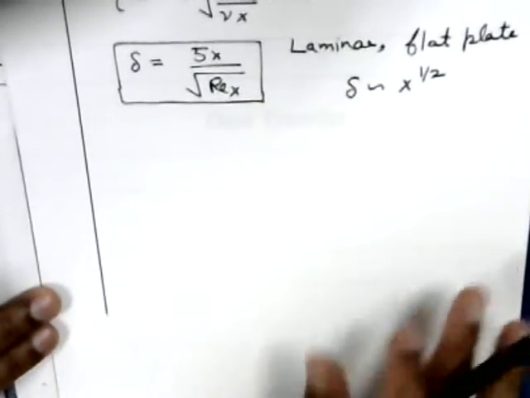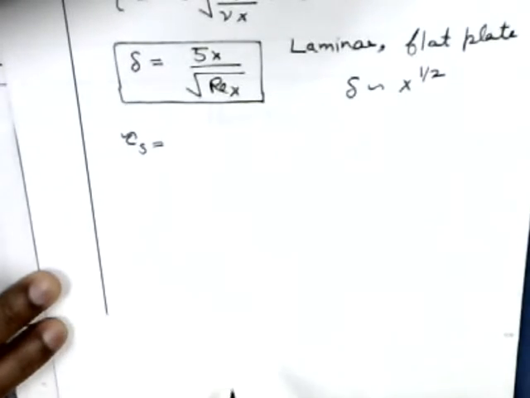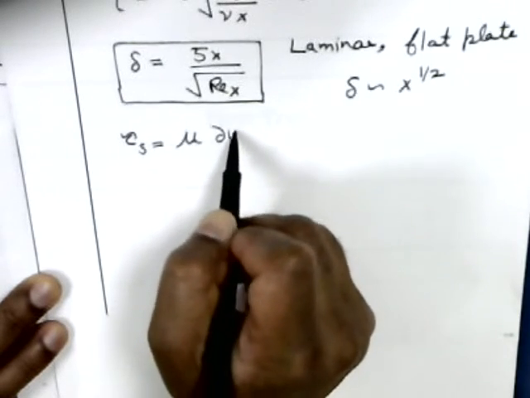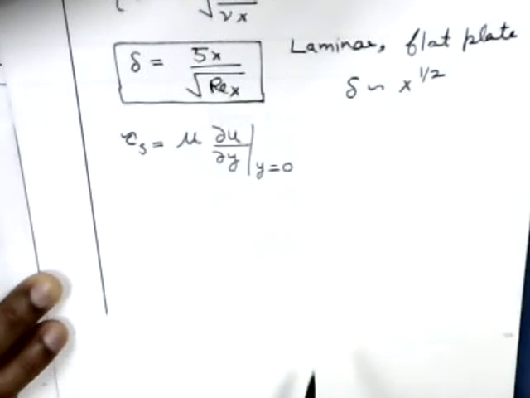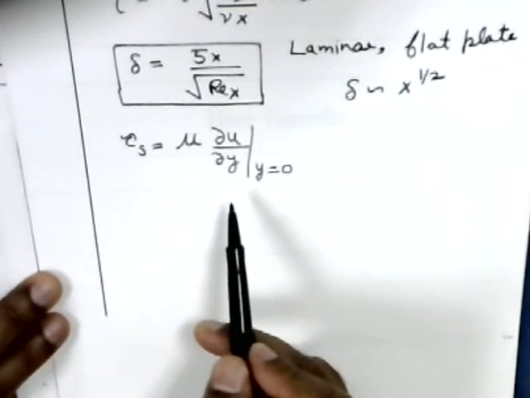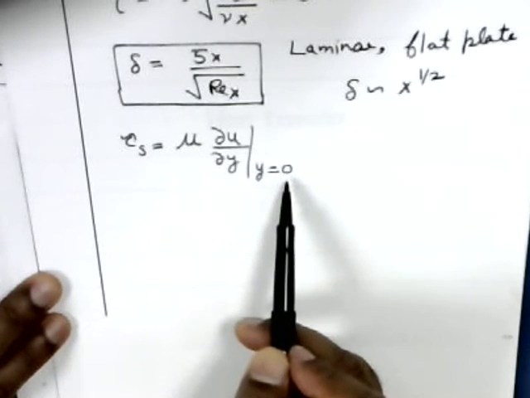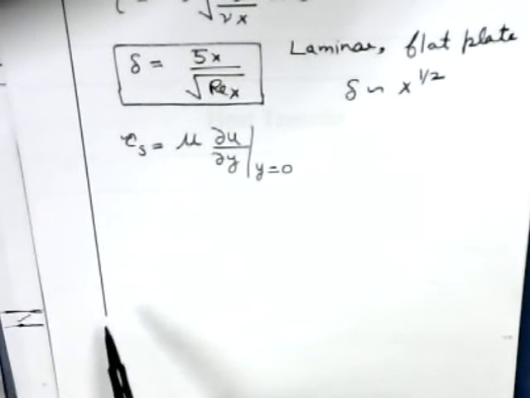Now the shear stress at the surface tau s is defined as mu del u del y at y equals 0. But we have this velocity profile available from the solution, and we can differentiate that and take the value at y equals 0, and we get an expression for tau s also.